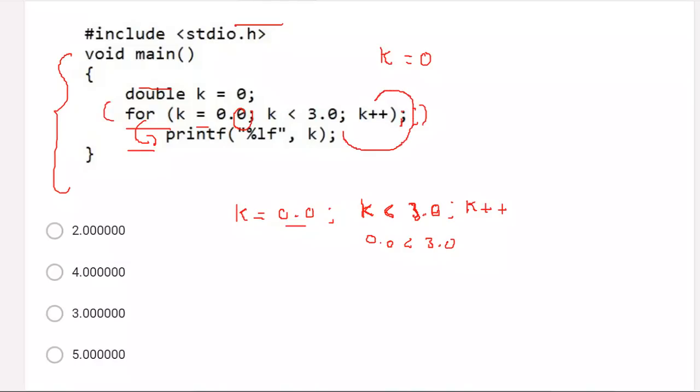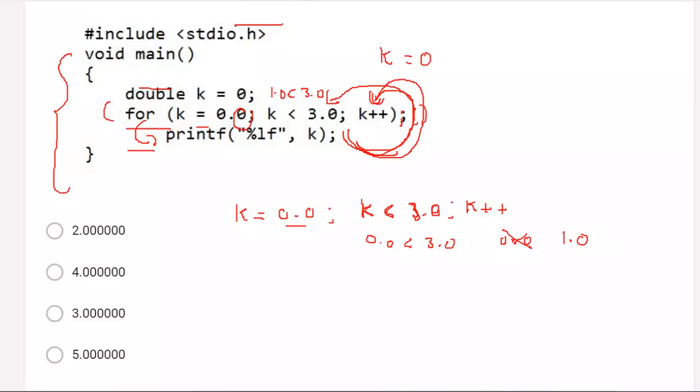Again, the k value will be incremented. Here, initially the k value is 0. Now it will be incremented to 1.0. Now we are again checking, is 1.0 less than 3.0? Yes. Again, this is a semicolon and again you are entering into the loop.